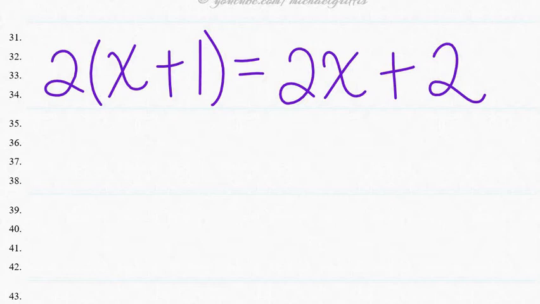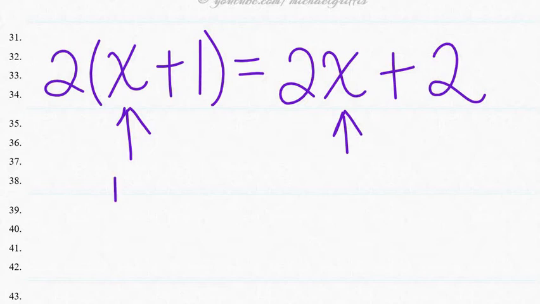This linear equation is known as an identity. The reason we call this an identity is because it's true for every real number. No matter what number you pick on the number line, let's say, you plug it in to x, and the left-hand side of the equal sign is going to equal the right-hand side. So you can pick anything.